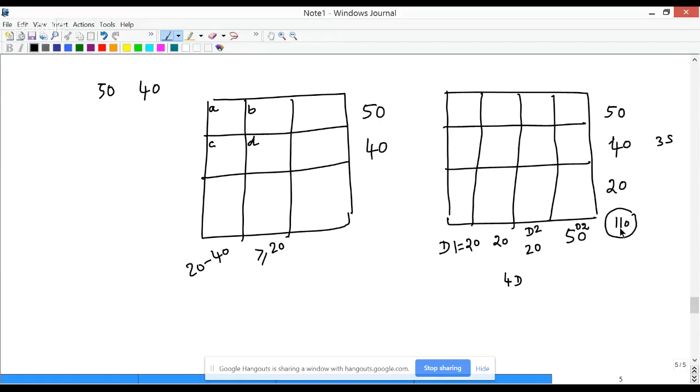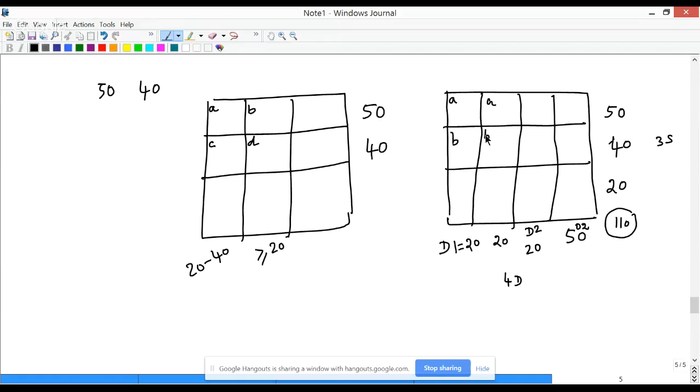But I have to do the costs. So supply 1 to demand 1 is A. Supply 1 to the extra demand 1 is also A. This is B, this is B. But remember that I am committed to giving this 20.